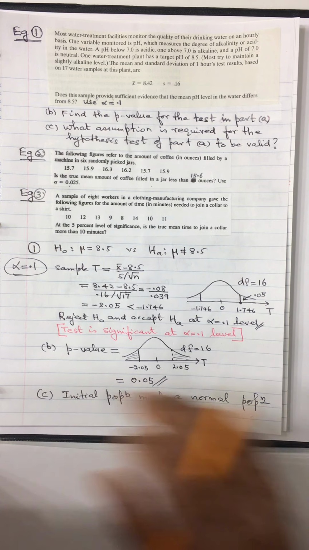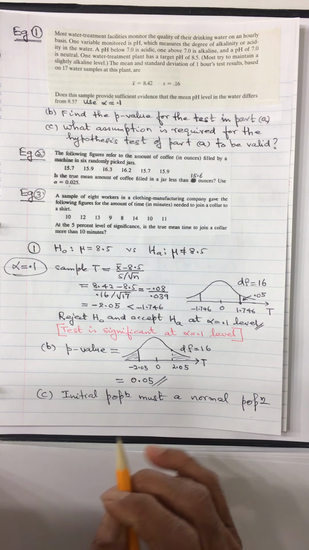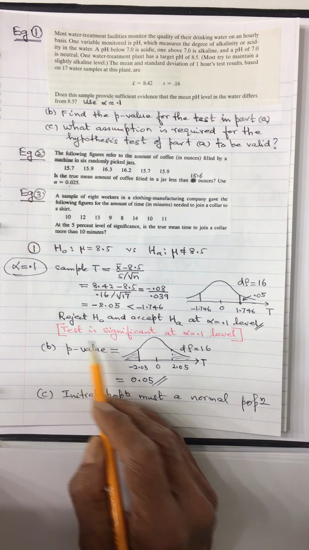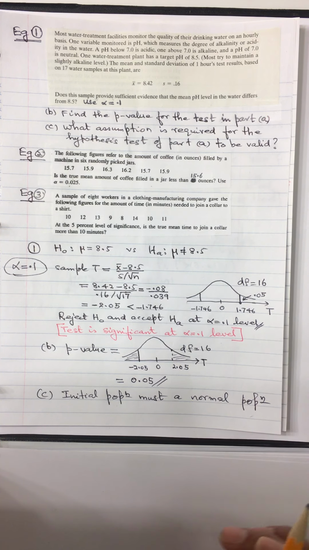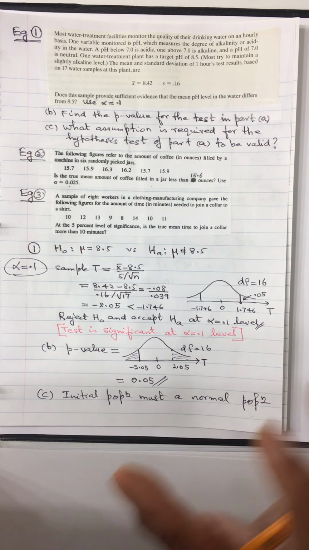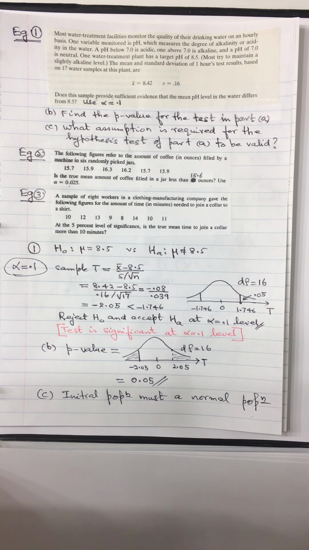Sometimes, instead of saying reject H naught and accept the alternative, people say the test is significant at the 0.1 level. That's another way people state the result. When you say significant, you mean that you reject the null.